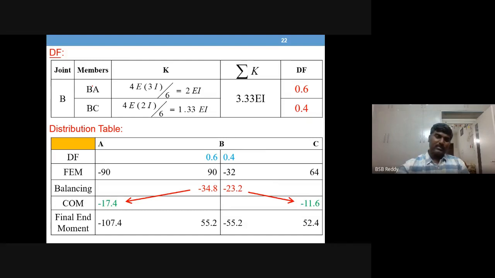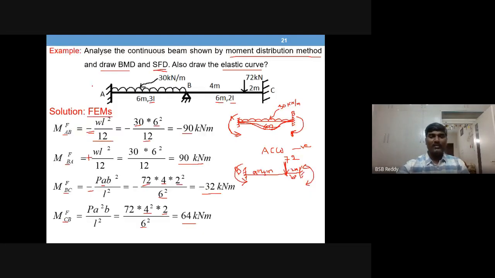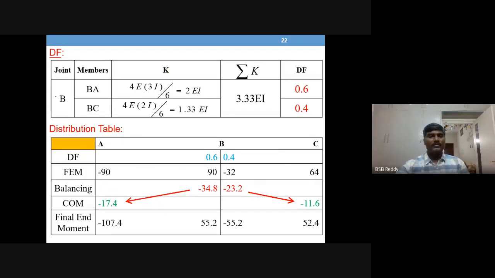How many joints are there here? There is only one joint, B, and you have two members, BA and BC. Try to prepare this table as it is, so that it will be easy for you to work out the distribution factor.